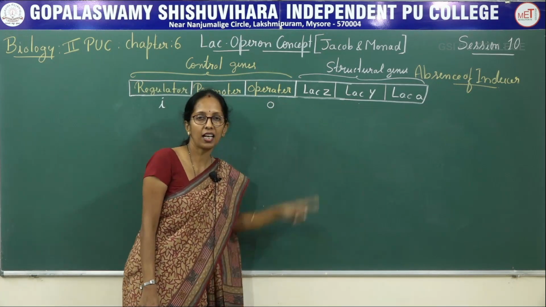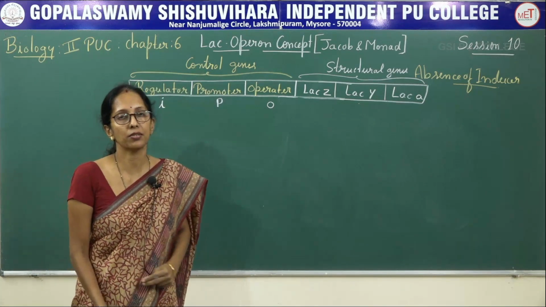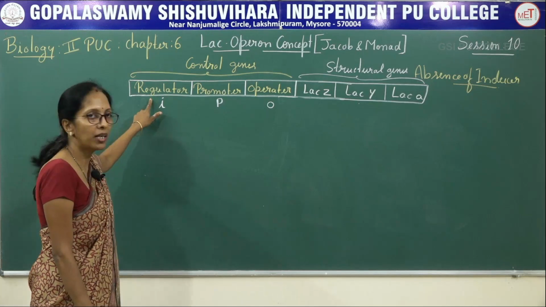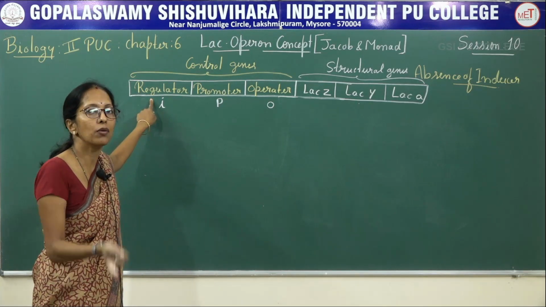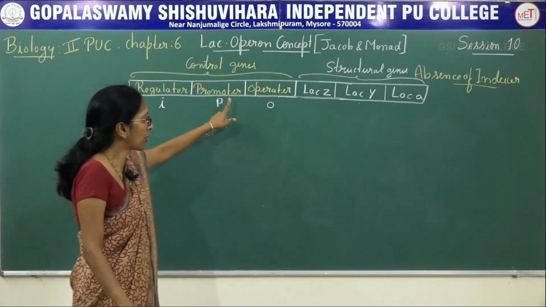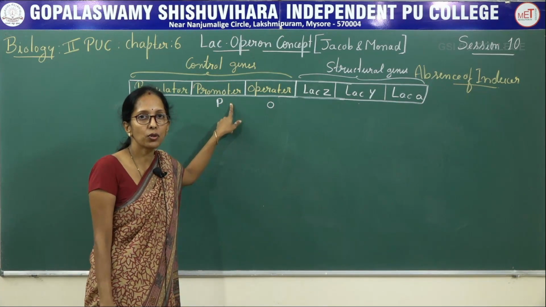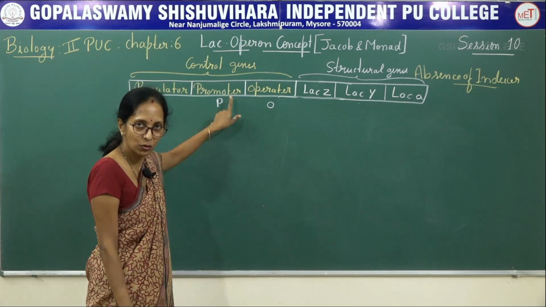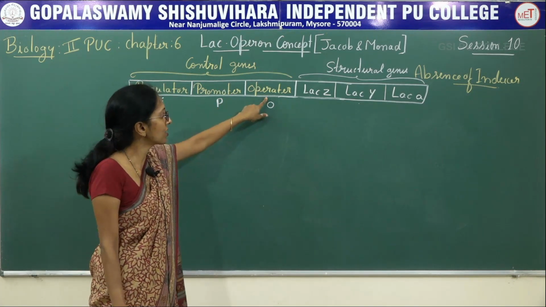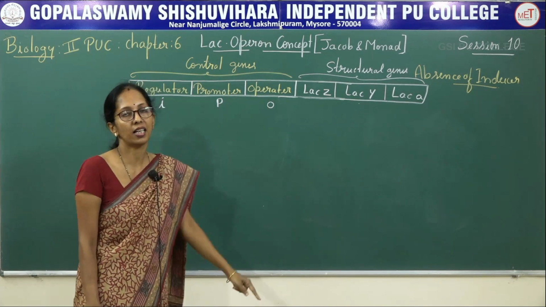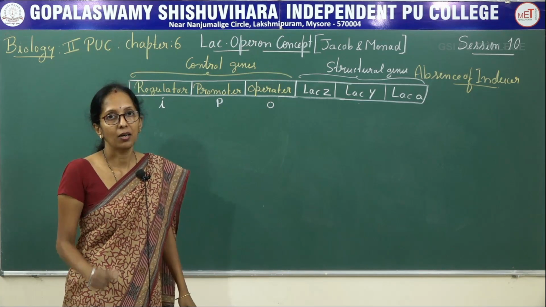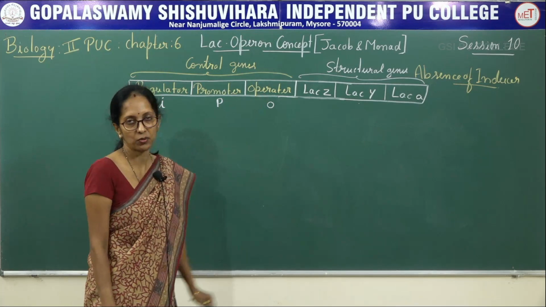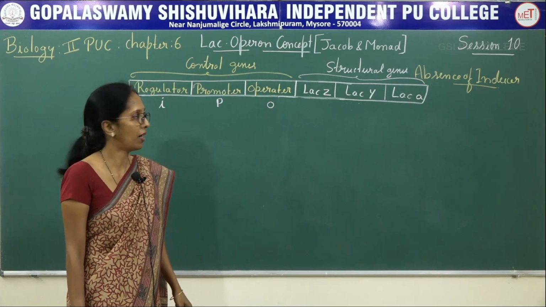Operator acts as a single switch for the synthesis of mRNA. These three are the main functions. I repeat, regulator helps in the synthesis of repressor protein. Promoter, there is a presence of the enzyme RNA polymerase that binds to this part. And last is the operator, it acts as a main switch for the synthesis of mRNA.